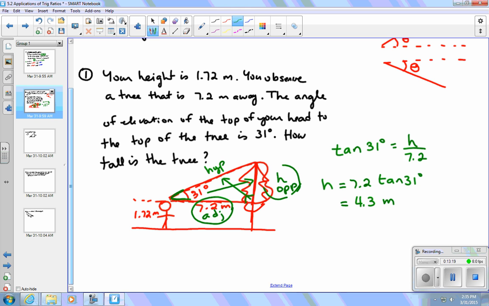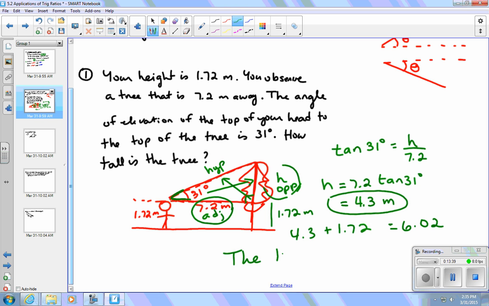So we still need to add 1.72 meters to that value of h to get the full height of the tree. Okay, so 4.3 plus 1.72 will give me 6.02, I believe. So the tree is 6.02 meters tall.